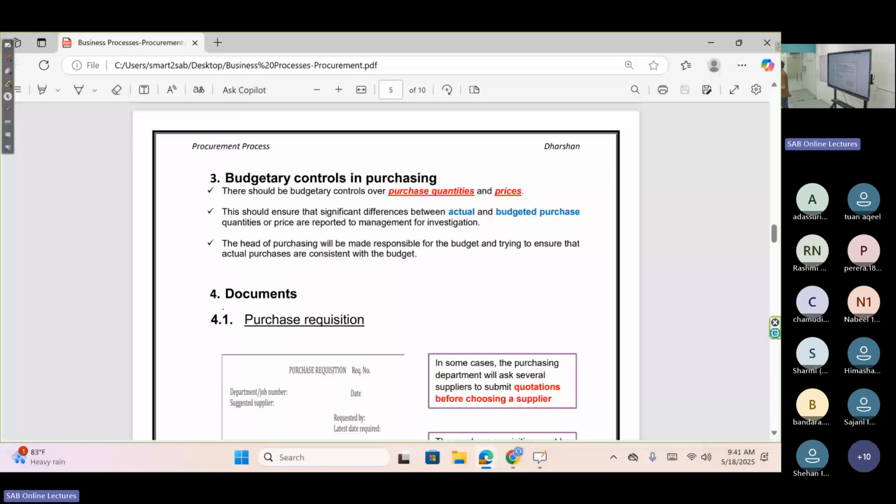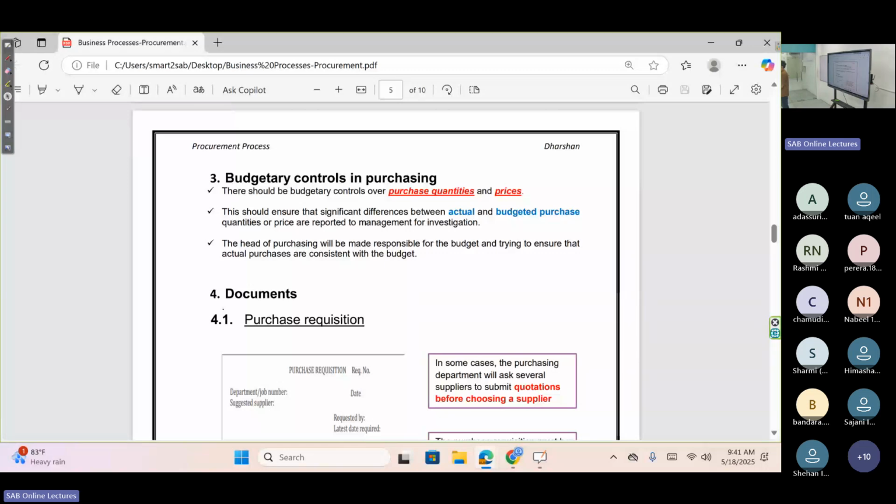What are the implications if you do not place controls, budgetary controls or internal controls in the purchase process? Cost will go up. What type of cost? On one side purchase cost, and on the other side holding cost of inventories.